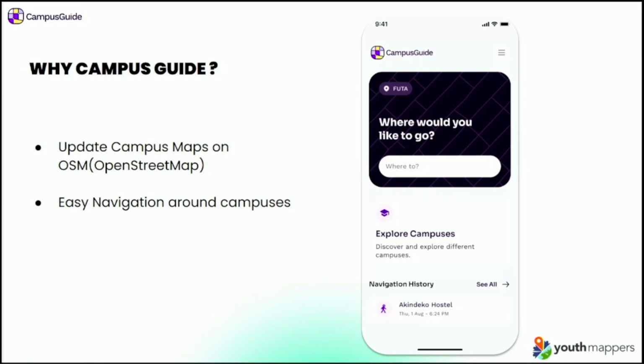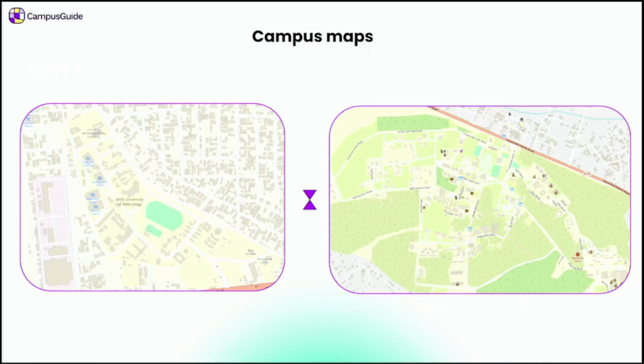Basically, the first thing is to update the campus map on OSM and also make navigation around campus easy. This is focused on universities, on campuses. You can look at this sample: the first university is Bells University in Nigeria, and the other one is Federal University of Technology, Akure.